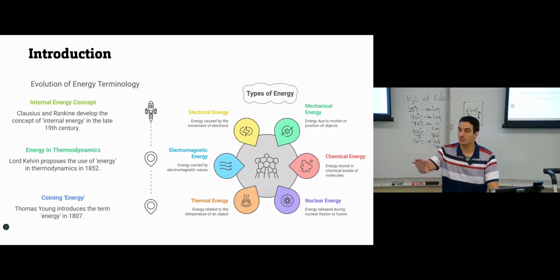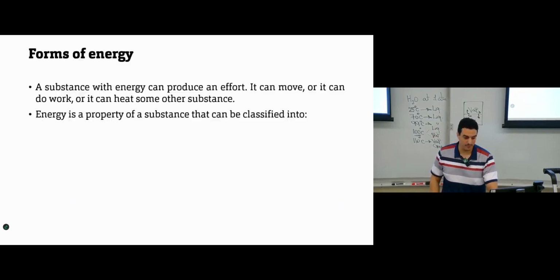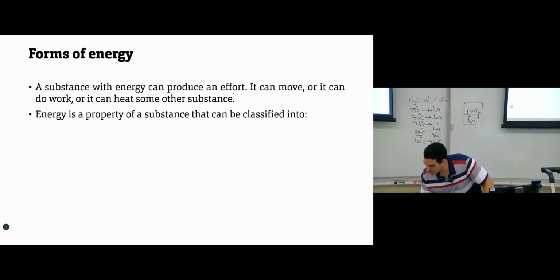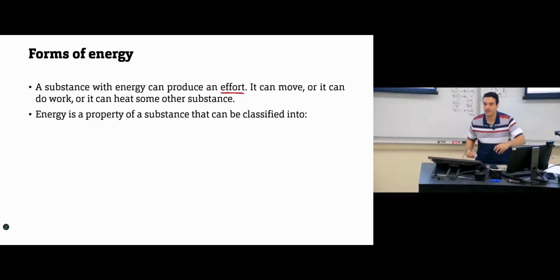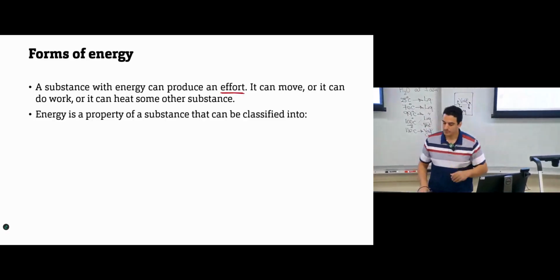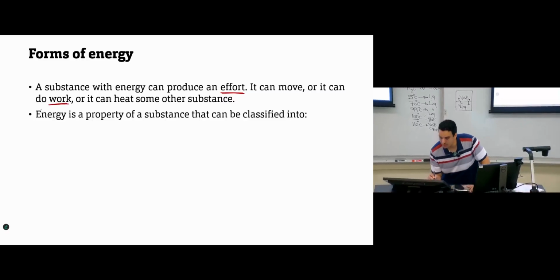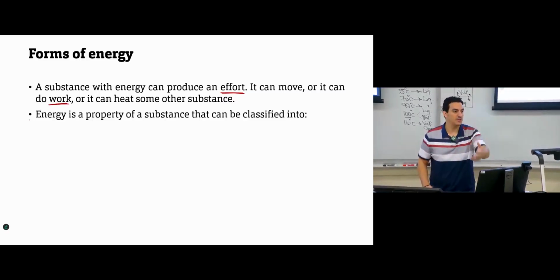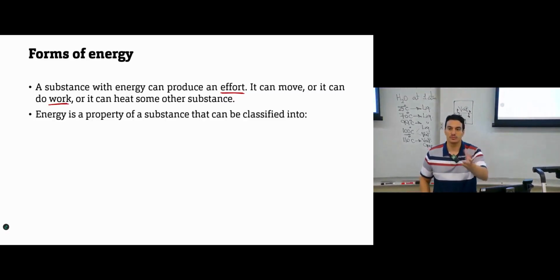What is the basic equation that we can use to calculate each one of them? So let's start with energy. We can say that any substance, if it has energy, this means it can produce an effort. It can do something. Let's say this something can be work. It can rotate a mixer, for example. It can move from one place to another place.